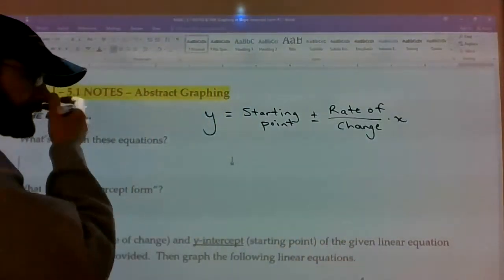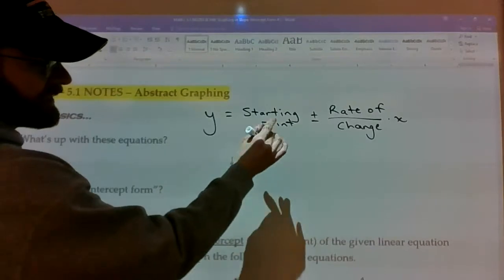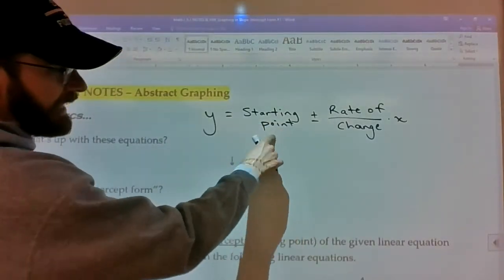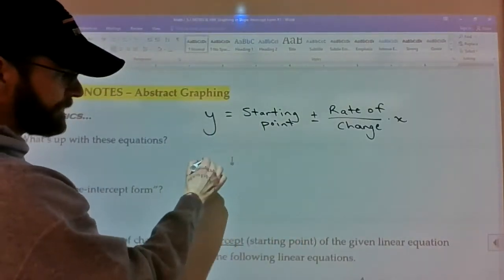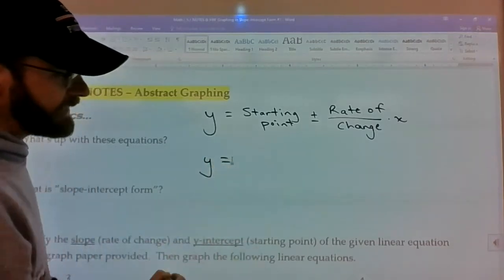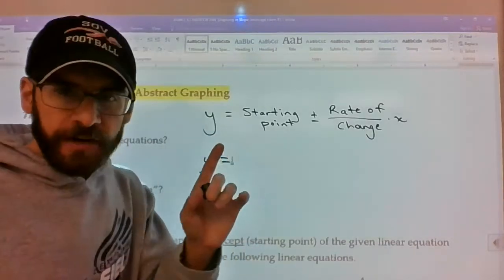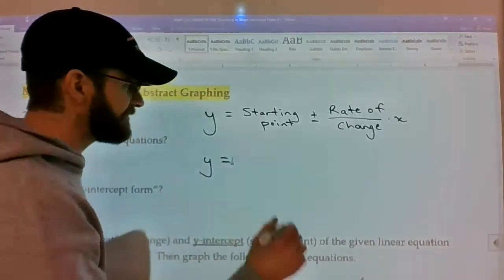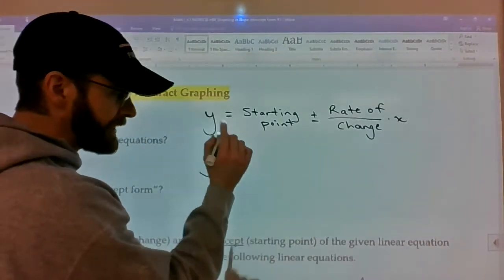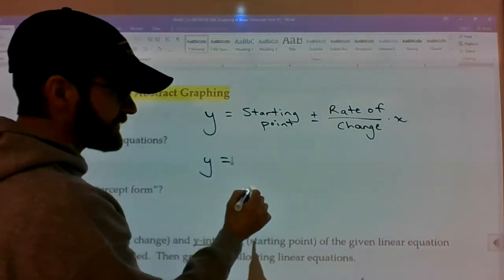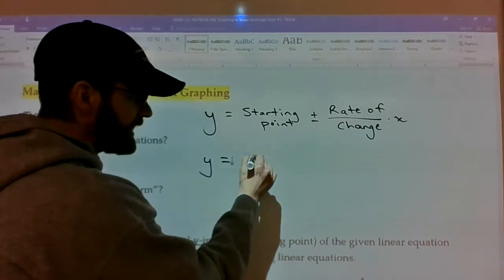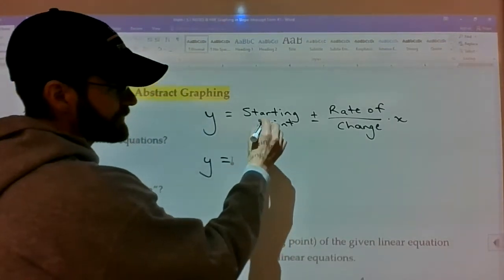Well, here's the interesting part. If y is by itself, the starting point is always going to represent a very particular part of the graph. It's always going to represent the place where it crosses the y-axis. So we call that the y-intercept, okay?